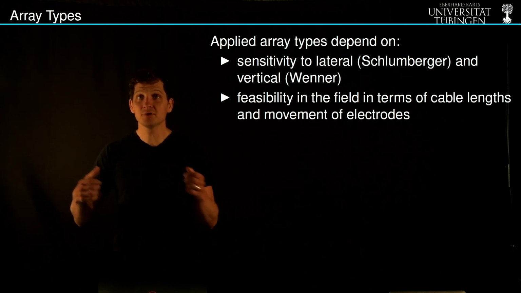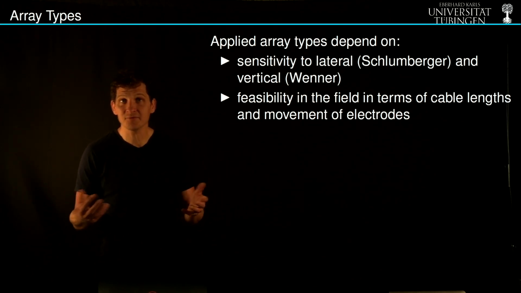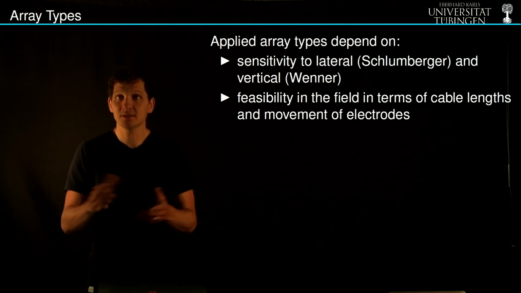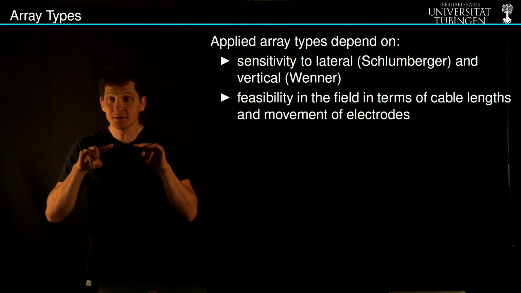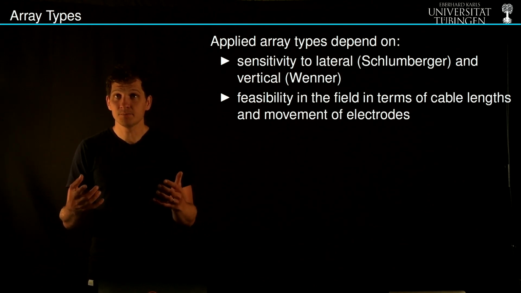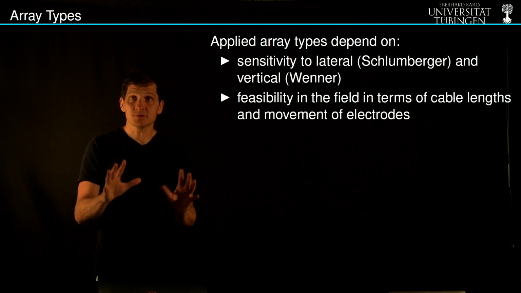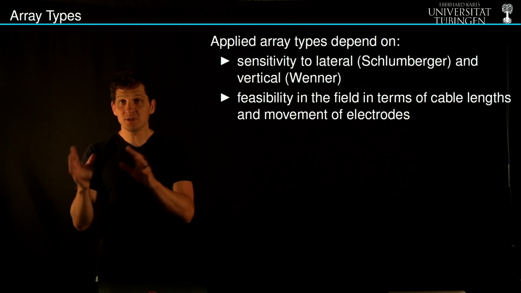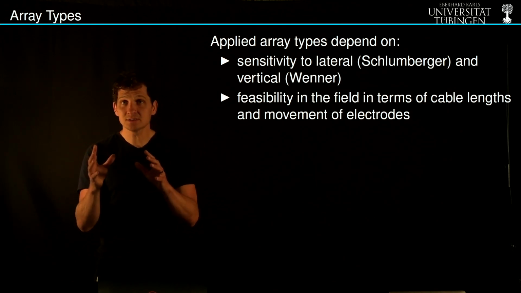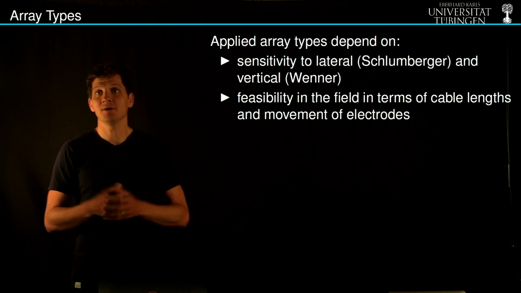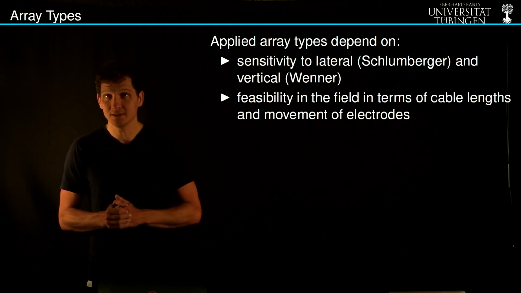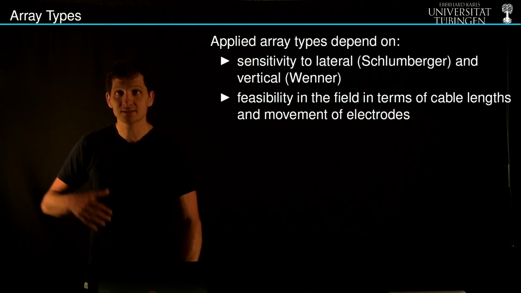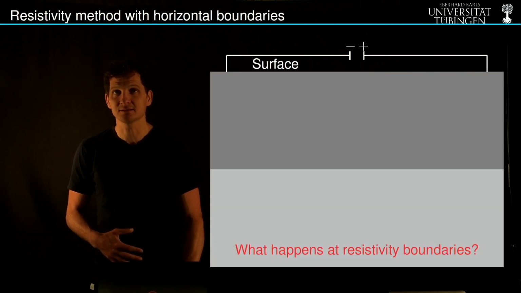If you need to move those, you need a lot of staff, which again creates a lot of costs. And this also certainly has a large impact on the array type that you choose. Okay, so this is not an arbitrary choice. Each array has advantages, sensitivities in different directions, and also one array might be more practical than another one. And you will learn about this in more detail in the exercises and also in the applied exercises.